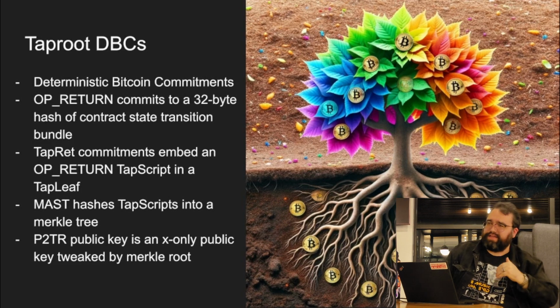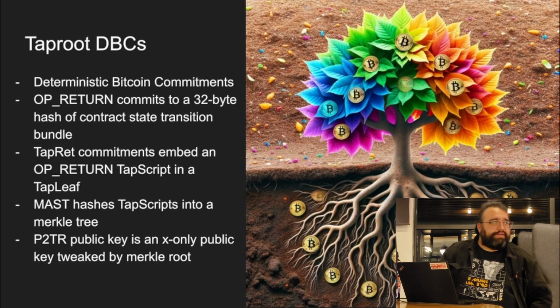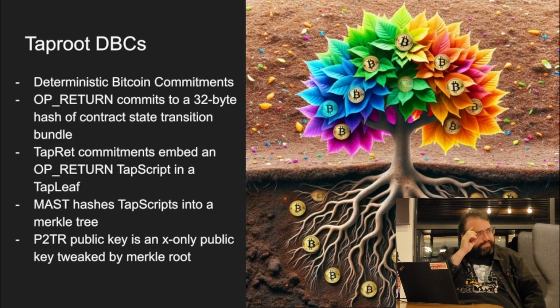Right, exactly. It's dependent on it by the Merkle property, right? So by putting it into a script path, an OP_RETURN, and then you put it into a leaf of the Merkle tree, you're committing to the data in the contract as well as the conditions of the contract.